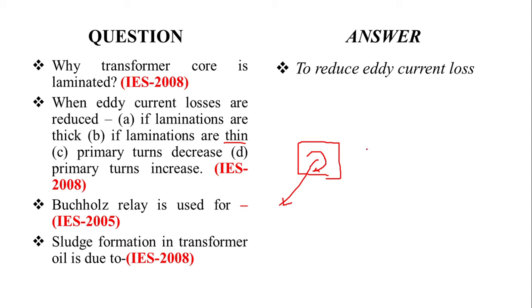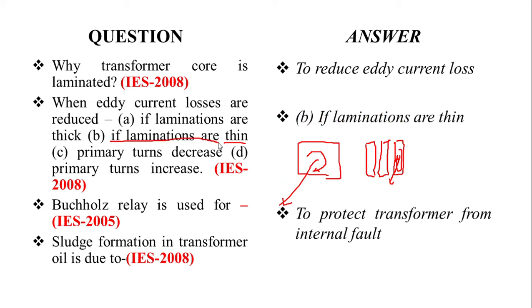But if we laminate the core, made up of thin laminations, you can see these eddy currents will get concentrated over a very small area. So if this area enclosed by eddy current loops gets reduced, eddy current also gets reduced. So this is the reason that eddy currents are reduced if laminations are thin.